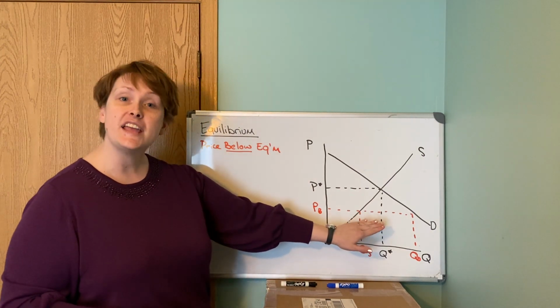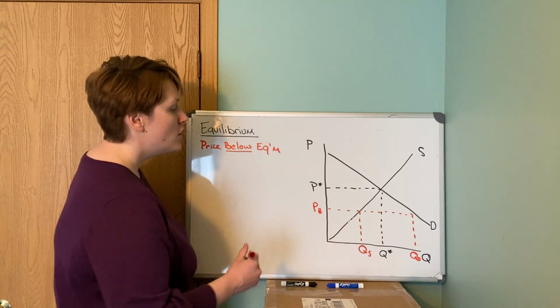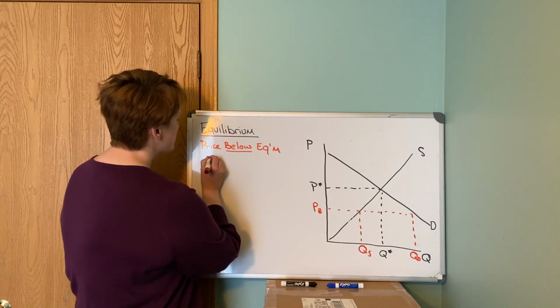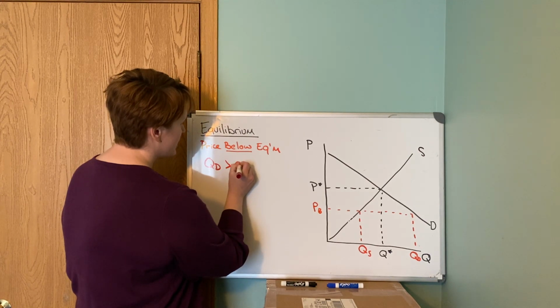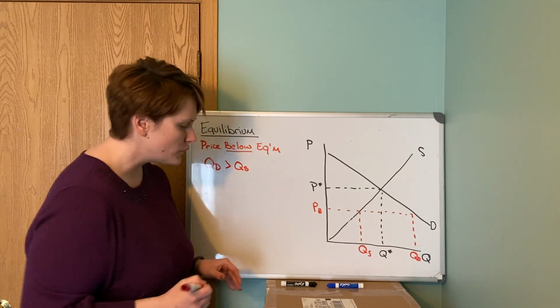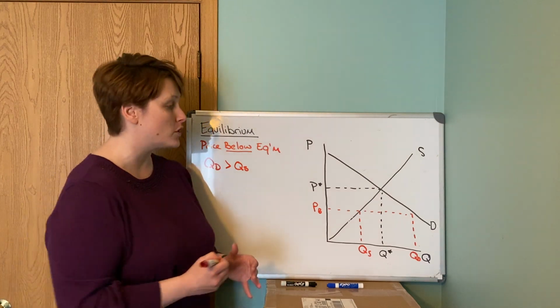So what this creates when we have this difference, first thing we have is a quantity demanded that is greater than our quantity supplied. This is going to lead to a shortage.